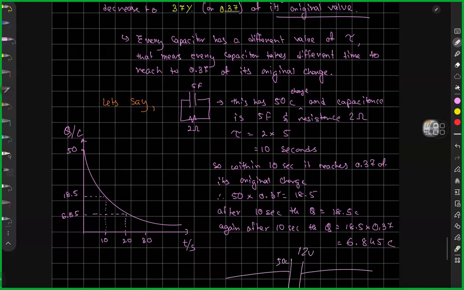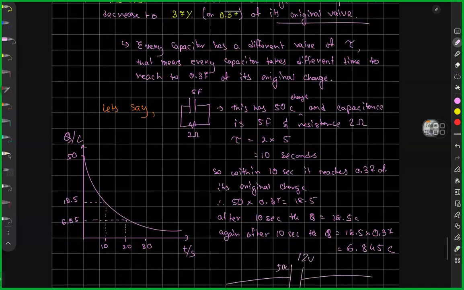A high capacitance will take longer. Let's say I have a 5 farad capacitor and a resistance of 2 ohms in the circuit, with 50 coulomb of charge initially on the plate, Q naught.